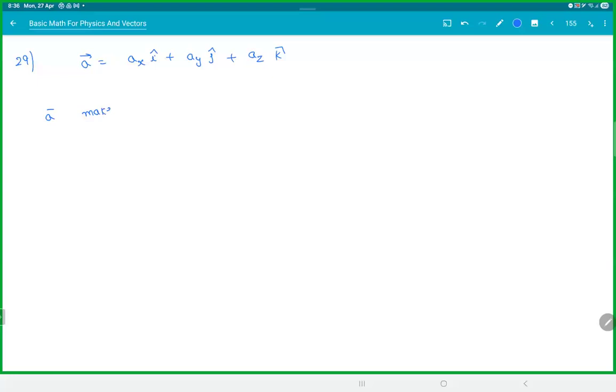This vector A bar makes an angle alpha with the x-axis, angle beta with the y-axis, and gamma with the z-axis.